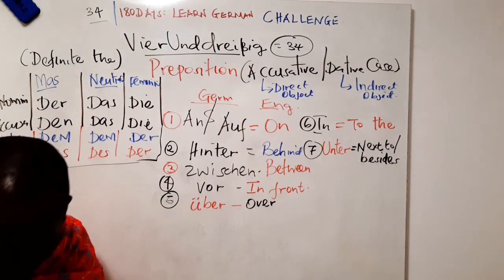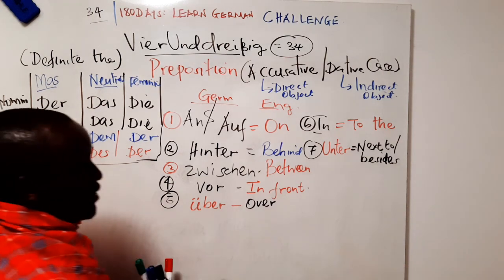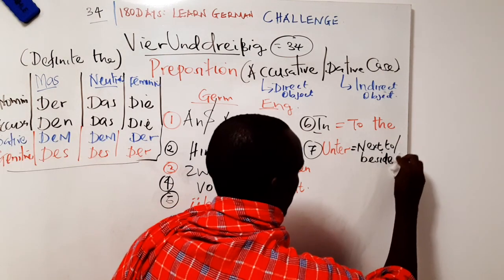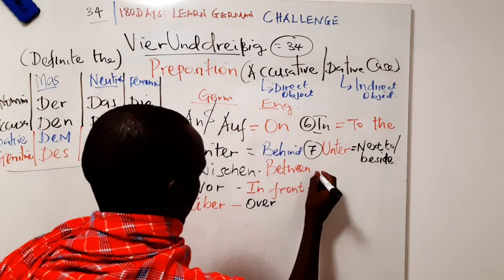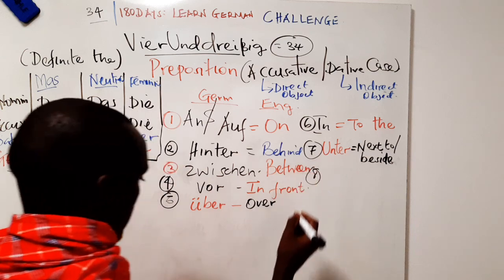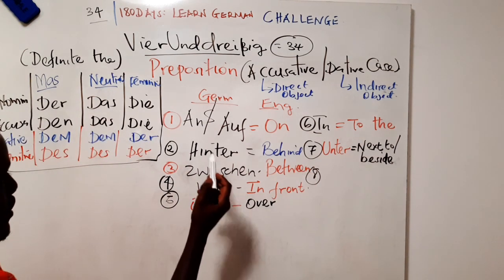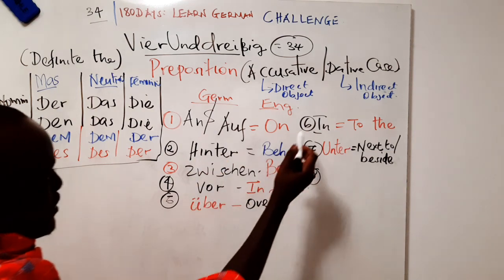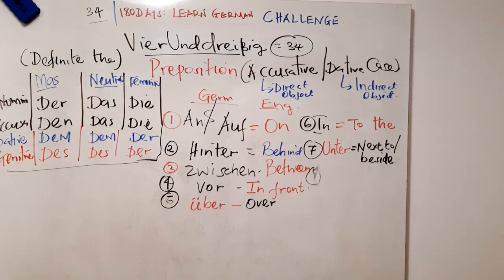Not besides, because if you say besides, it means something else. So this is beside. Lastly, we have number 8, unter. Let me count: 1, 2, 3, 4, 5, 6, 7, 8. So these are the prepositions which can take either accusative or dative.